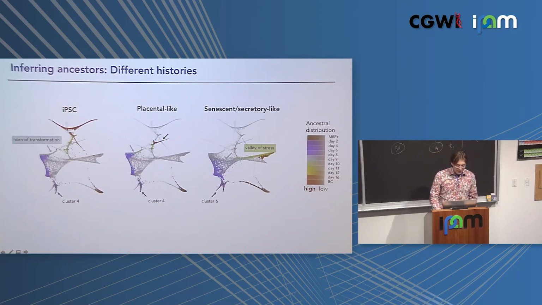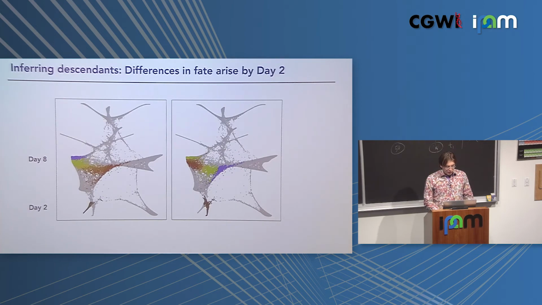We can propagate it back in time, and we can also look forward in time, and we can see that at day 2, we can already differentiate between the fates here. So this black spike is giving rise to these cells more than it is to these blue cells. And so this group of cells will be the ones that eventually reprogram, etc.